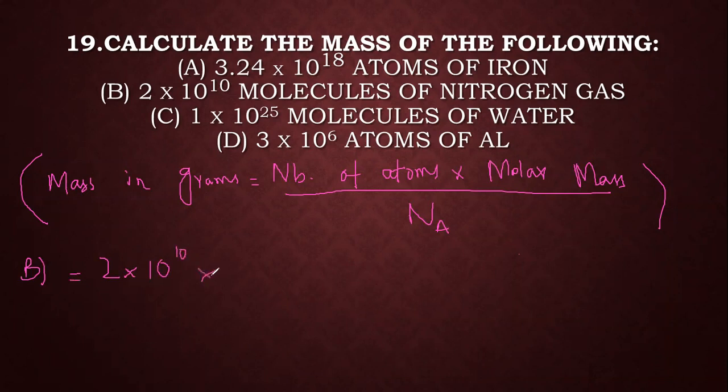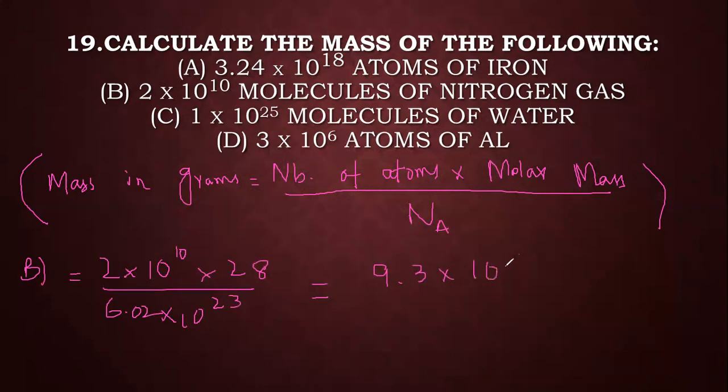The molar mass of nitrogen is 28, and the Avogadro number is 6.02 into 10 raised to the power 23. So the value must be equal to 9.3 into 10 raised to the power minus 13 grams.